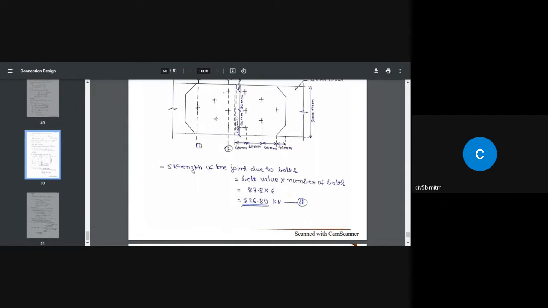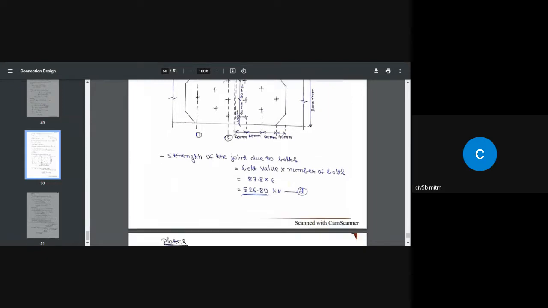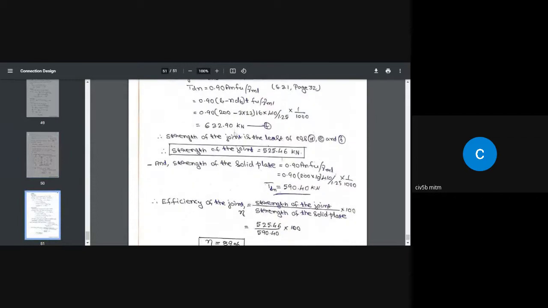If you take a pitch here, we are going to come across 2 bolts. So which pitch are you going to consider? That is a problem. So whenever we come across a diamond joint, we consider the whole joint. So what is the strength of the whole joint? This is the strength of the whole joint.